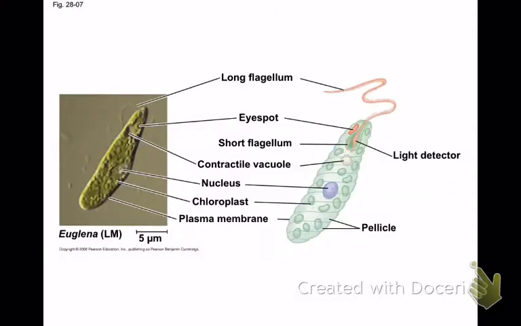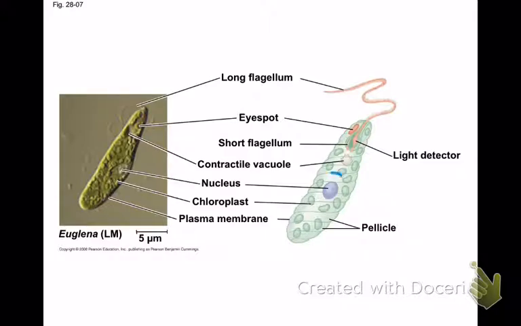So the euglenozoans, or Euglena, is a photosynthetic protist that has a nucleus, and it moves using a long flagellum. It does have an eye spot. In the slides that we have, it's very difficult to see.